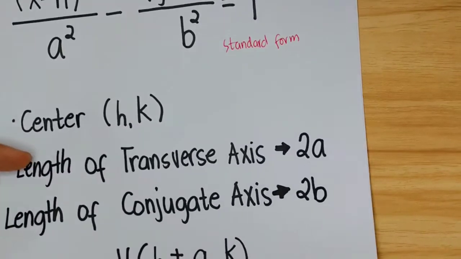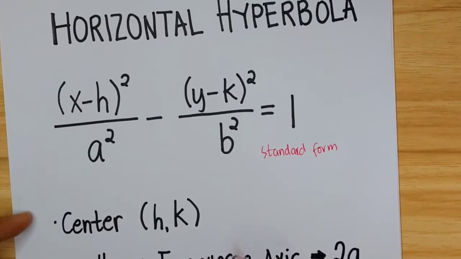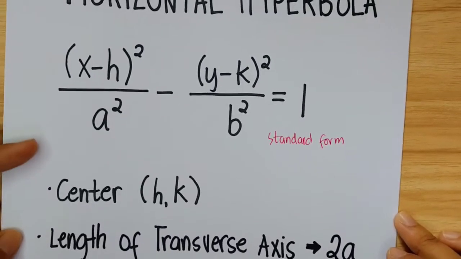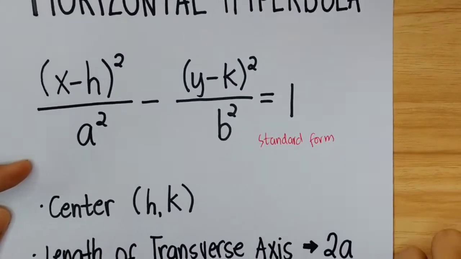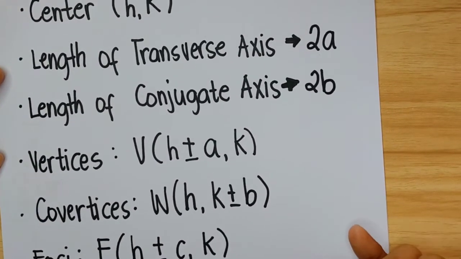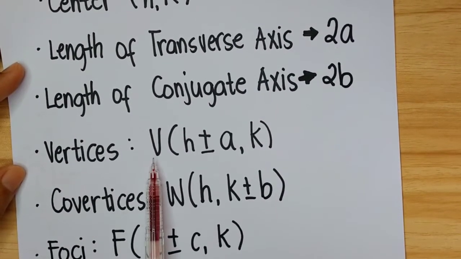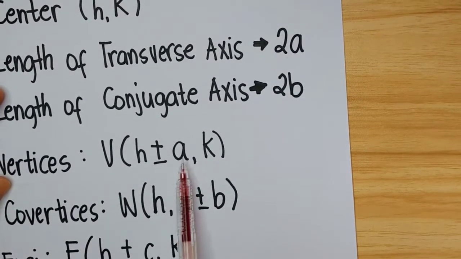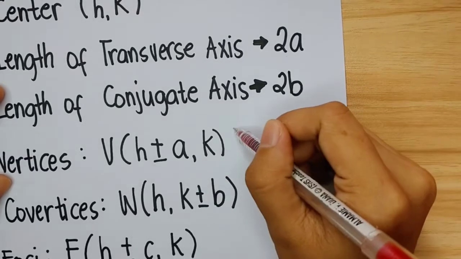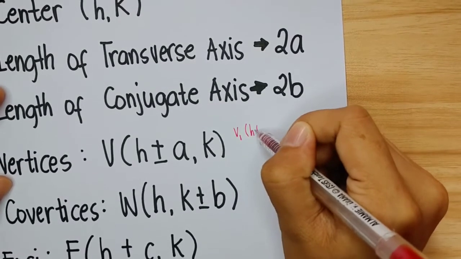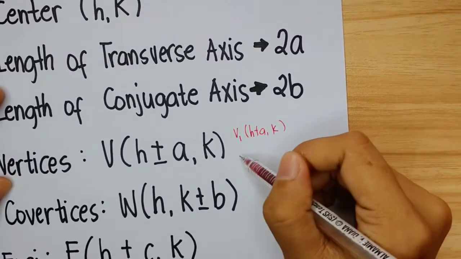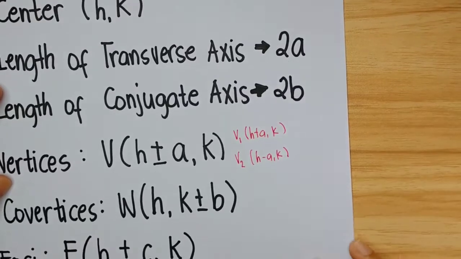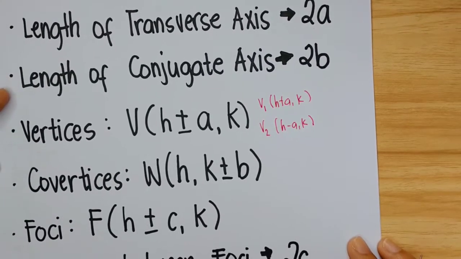Since the orientation of our hyperbola is horizontal, the vertices, denoted by V, are (h plus or minus a, k). So V1 is (h plus a, k) and V2 is (h minus a, k). That's for the vertices.